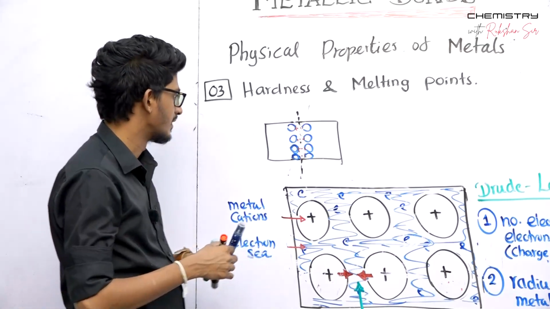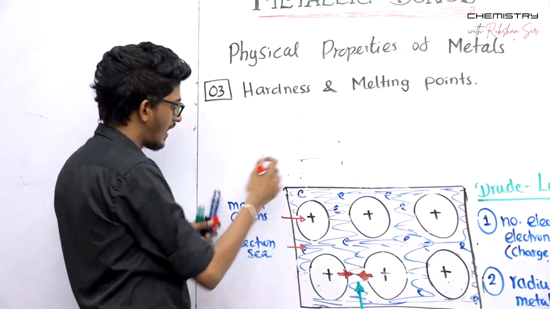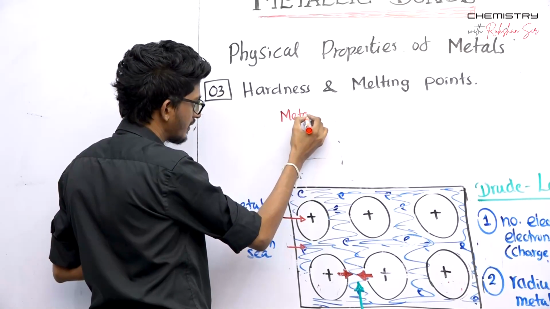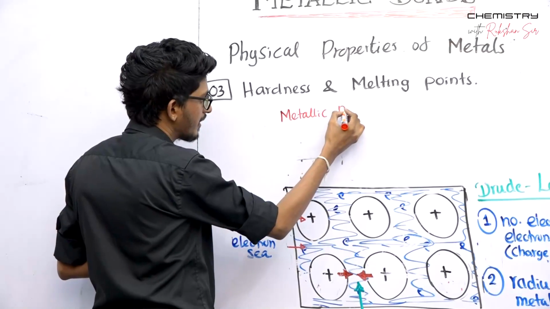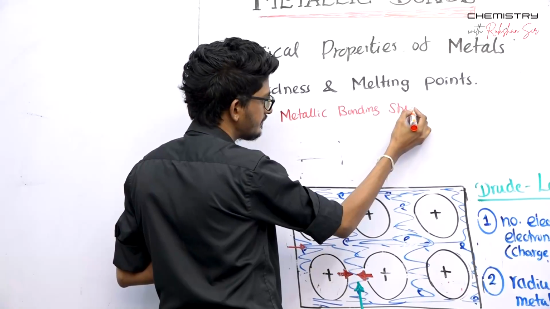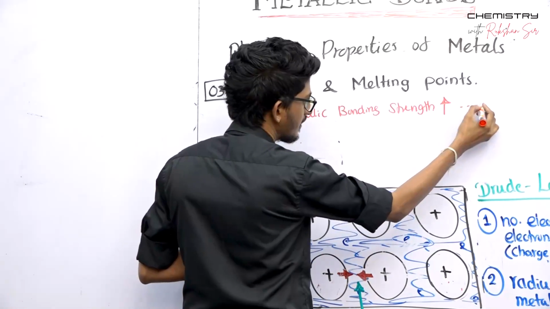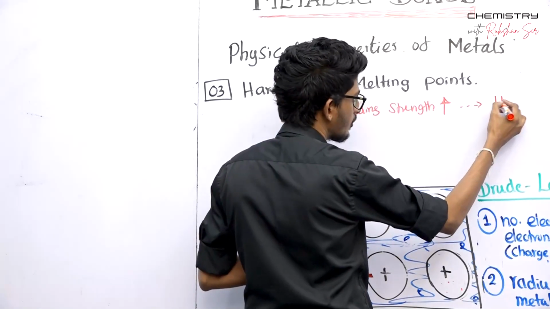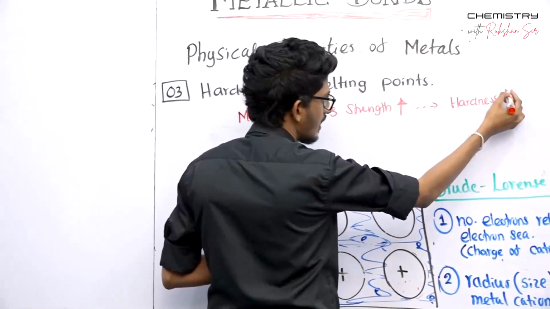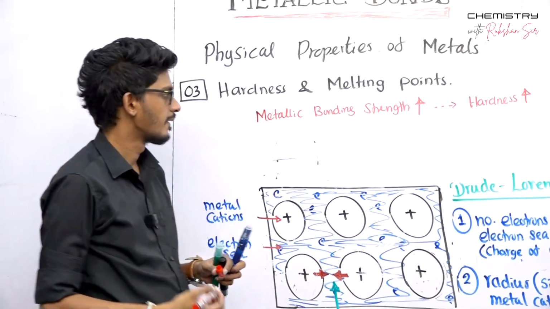So one can say when the metallic bonding strength is high, the hardness of your metal is high, right?